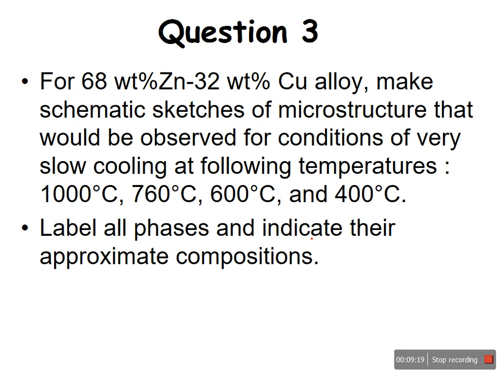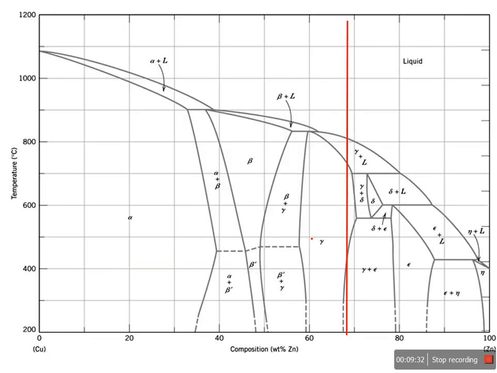Question 3 is really a question of identifying microstructure or microconstituent and doing a little sketch indicating the compositions. So we have a more complex phase diagram now, still binary, copper-zinc.